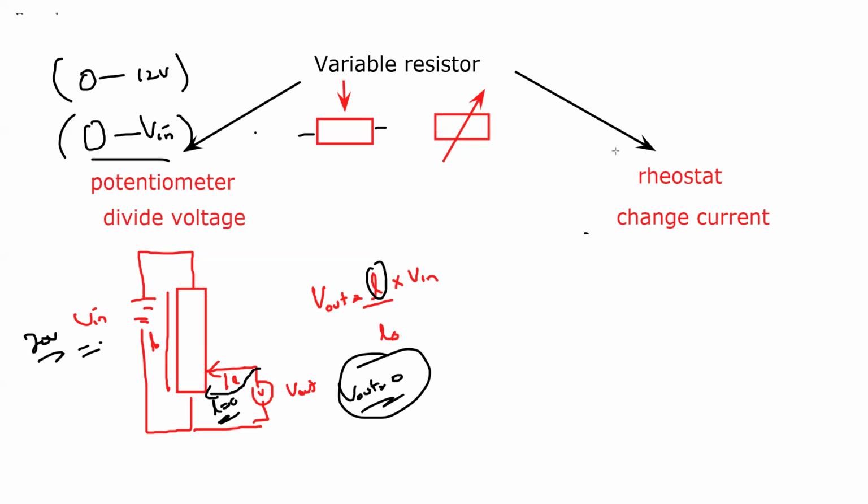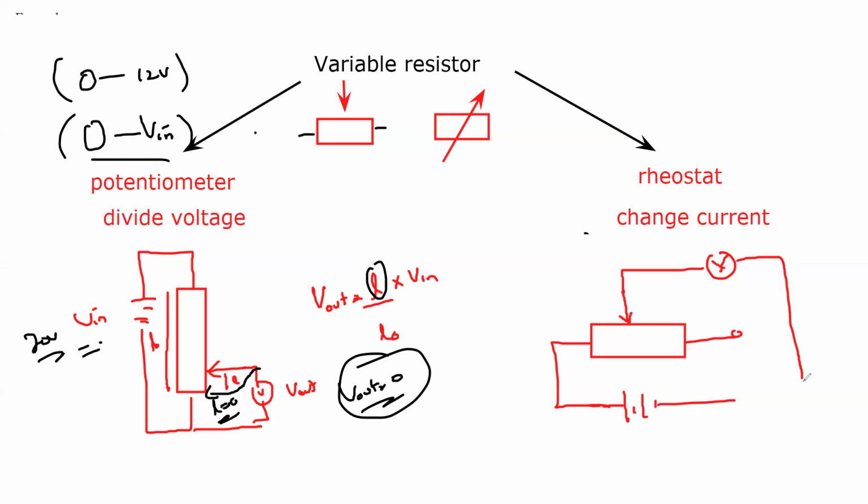Why? See, if you have a rheostat, I can draw a vertical plane as well. It's not like one is horizontal, one is vertical. It's like in one we use all three ends, and in the other we use only two of the ends. See, if it's a 10-volt supply, some voltage will be here and the remaining across the lamp.